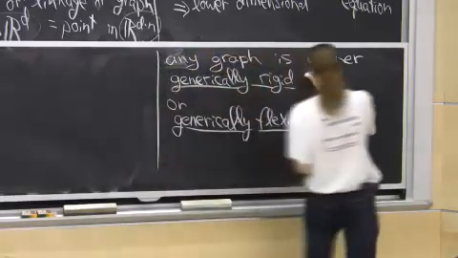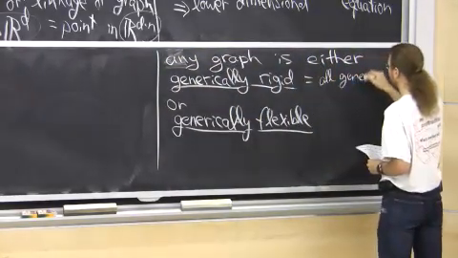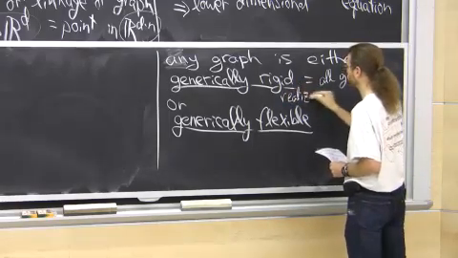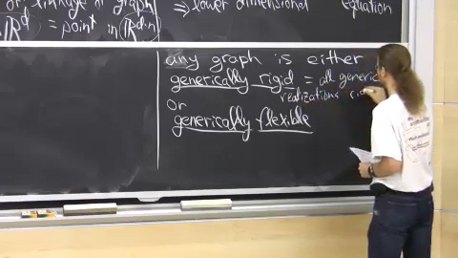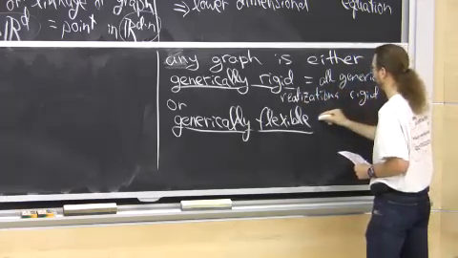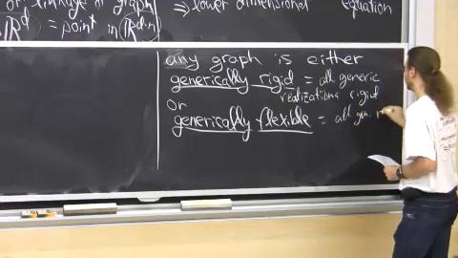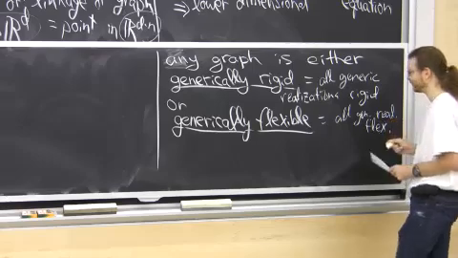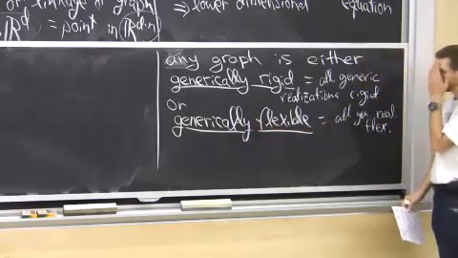Generically rigid means that all generic realizations are rigid. And generically flexible means all generic realizations are flexible. I'm going to start abbreviating because these adjectives get really long, especially with the adverb form.